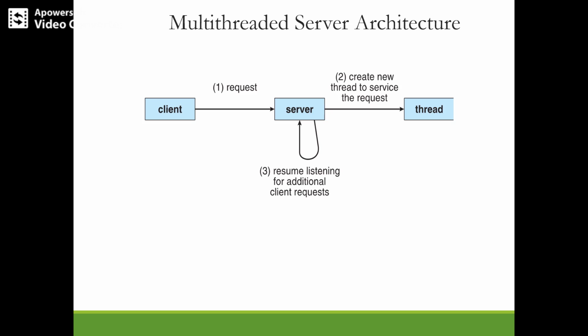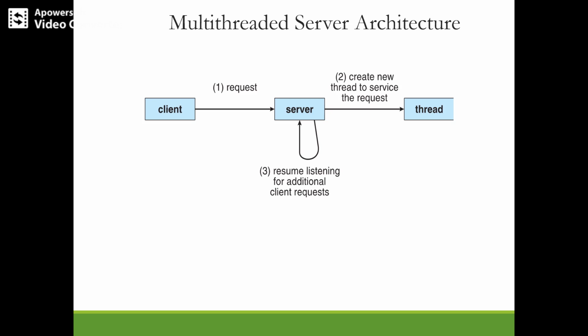If the client asks for more information, it again creates one more thread. Like that, several threads will be created for a single connection or a single process. This is the scenario of a multi-threaded server architecture.